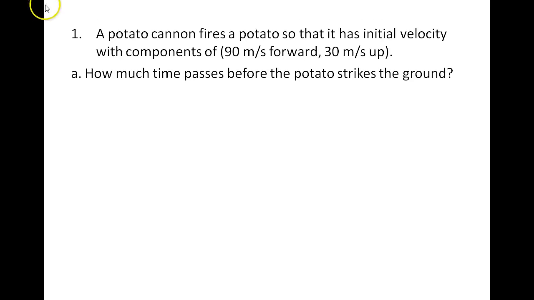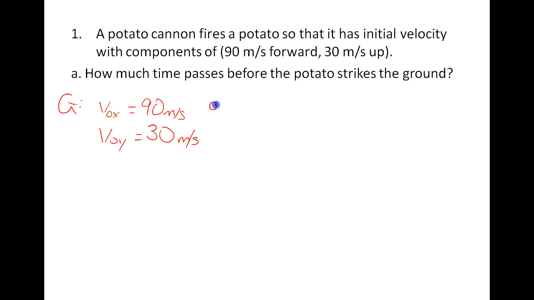So let's list out some information. This is our givens. We know that the initial velocity in the horizontal direction is 90 meters per second, and the initial velocity vertically is 30 meters per second.